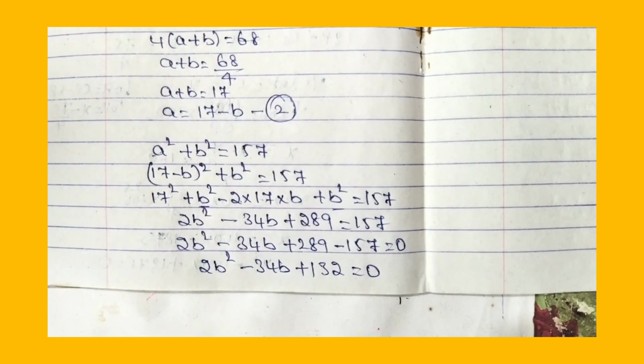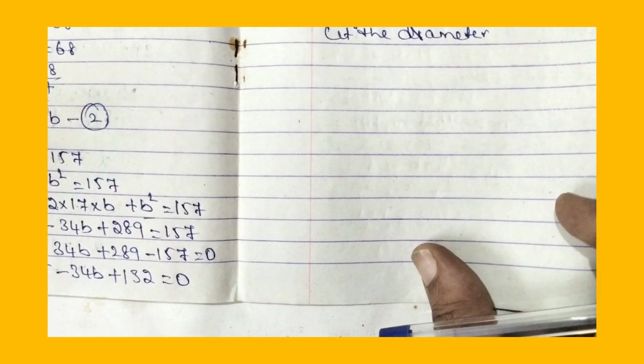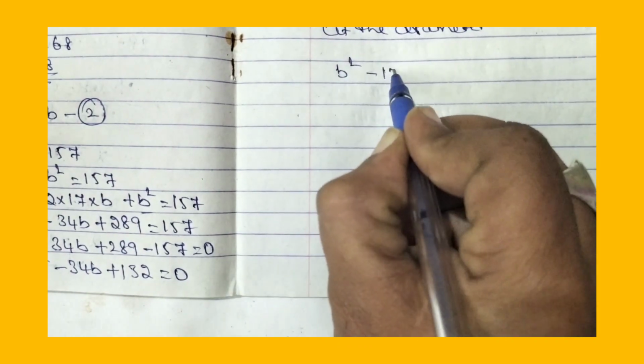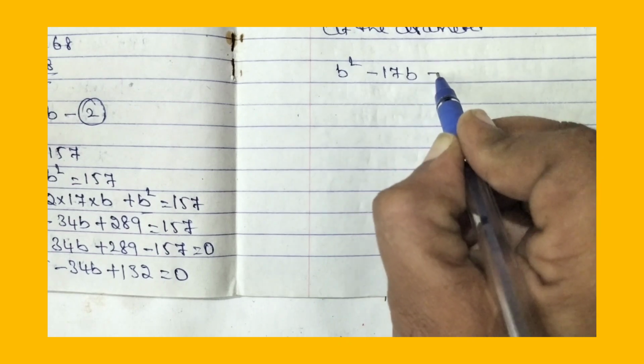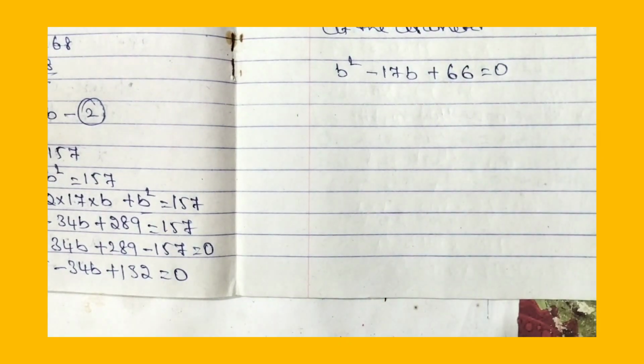So now let us factorize this one. Let us divide it by 2. If I divide it by 2, b square is remaining, 2 17s are 34b, 2 6s are 12, then again 2 6s are 12, which is equal to 0.